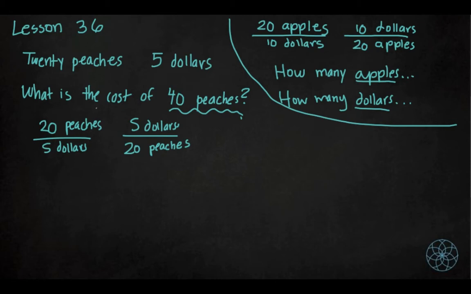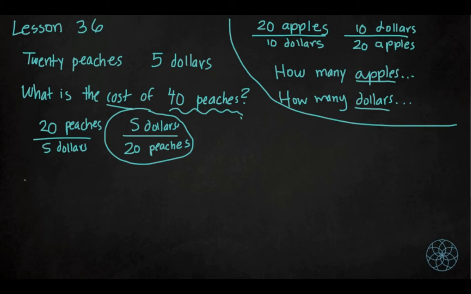What we're solving for is the cost, or in other words, how many dollars it will cost. So what that means is you want to choose the unit multiplier that has dollars in the numerator. So would it be this one, or would it be this one? It would be the second option, right? So I'll show you why that's important.